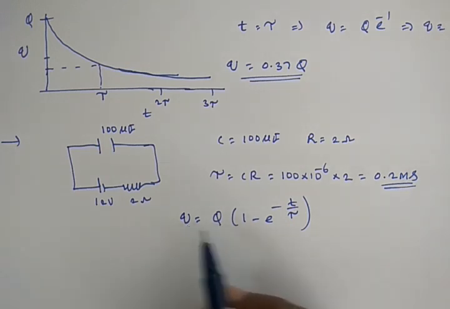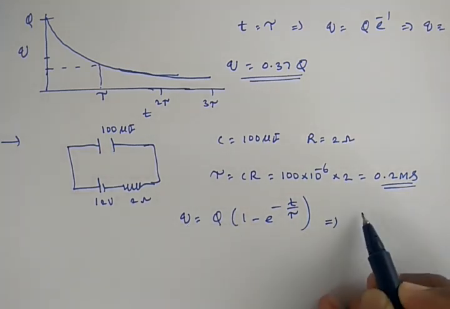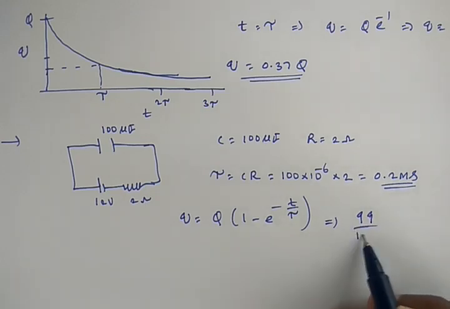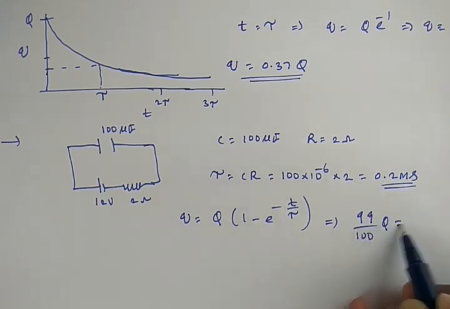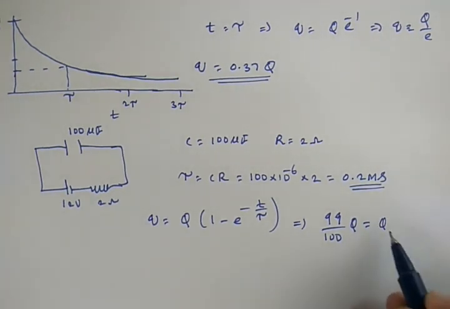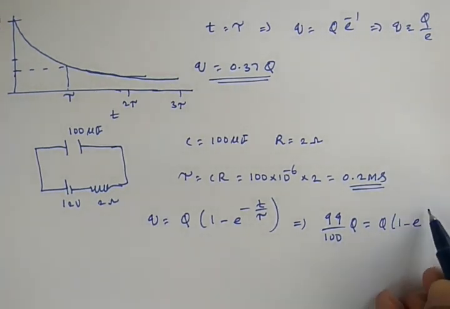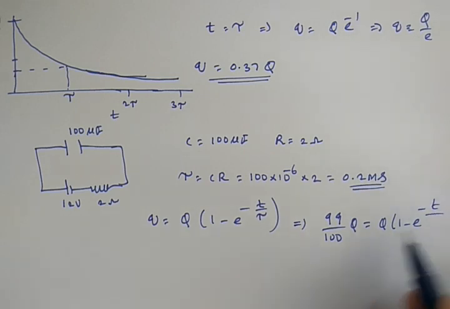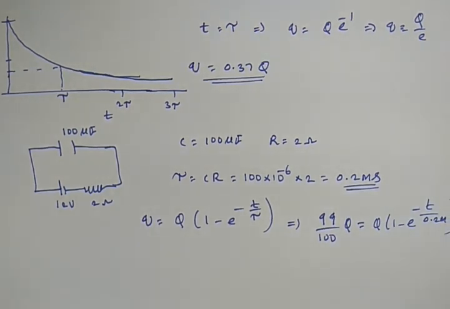Then you need to find the time after which the charge on the capacitor becomes 99% of maximum. So you can write q equals 99% of maximum, that equals Q into 1 minus e power minus t by T, where we know T is 0.2 millisecond.